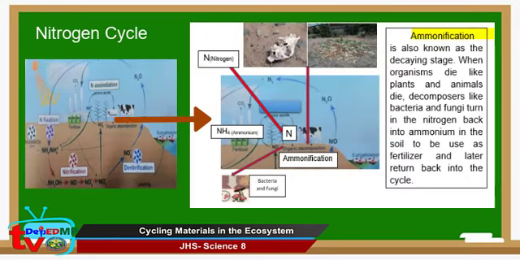Second is ammonification. This is also known as the decaying stage. When organisms like plants and animals die, decomposers like bacteria and fungi turn the nitrogen back into ammonium in the soil to be used as fertilizer and later returned back into the cycle.